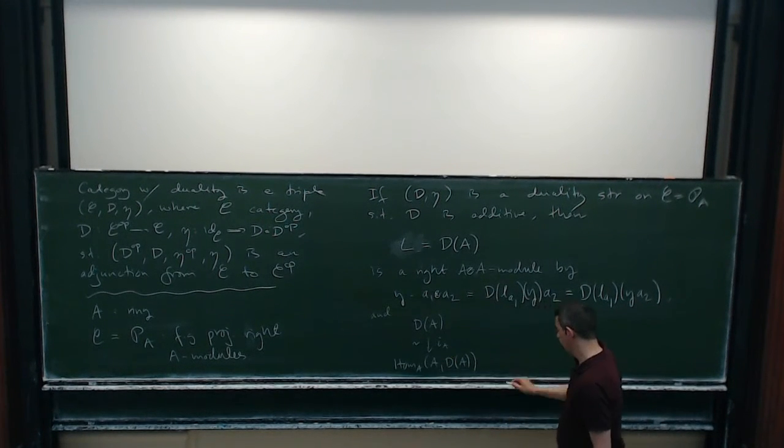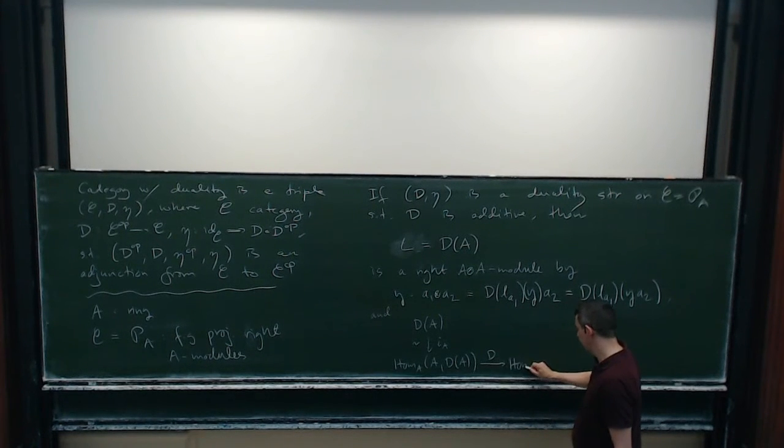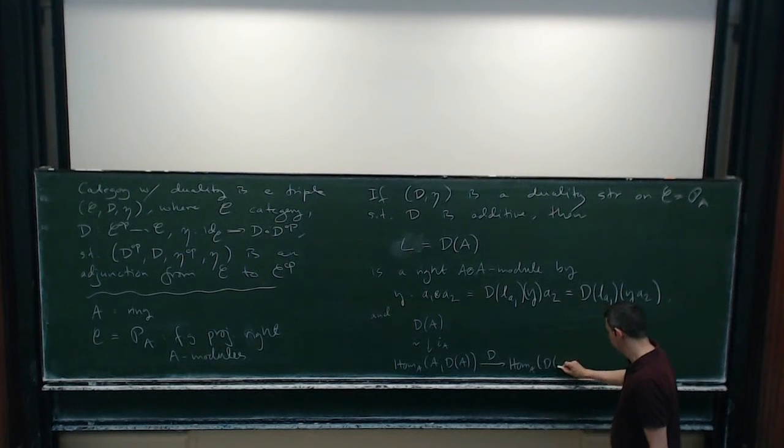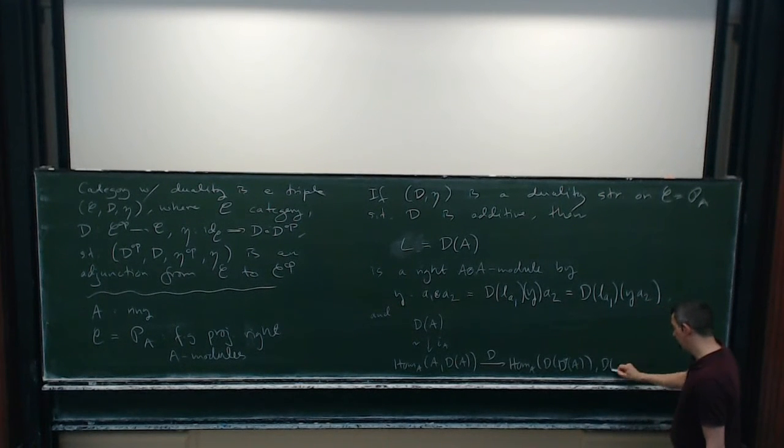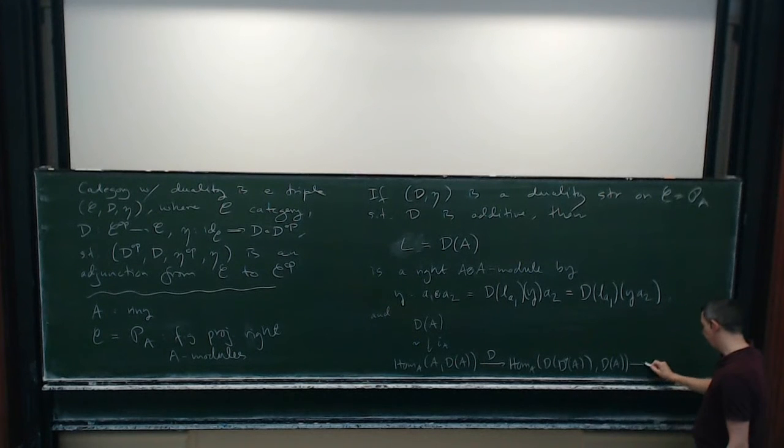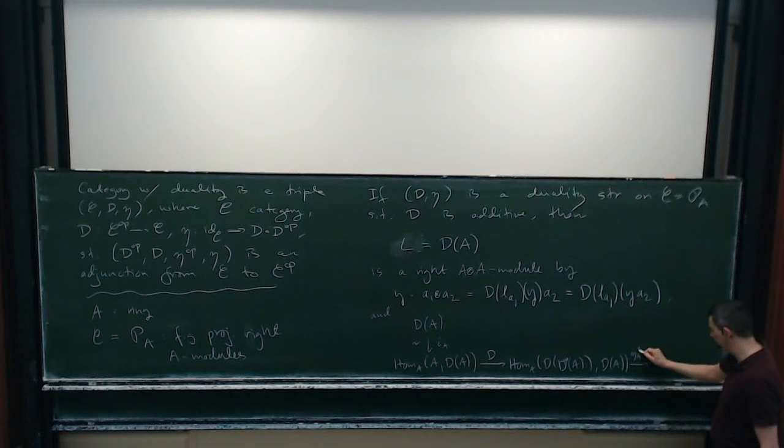That's an isomorphism. Then here we can apply duality. This takes us to here. I can put an up here if I want. Well, yeah, D A, and then we use this unit of the adjunction to get back to here.